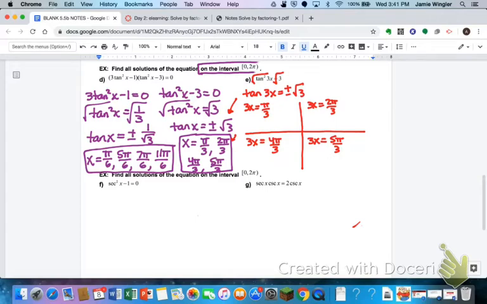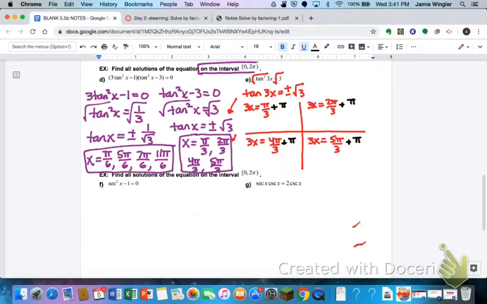Because I need to get multiple answers, I need to add pi to each one of these equations. The reason why I'm adding pi is because pi is the period for tangent. So if this was a sine or cosine problem, I would be adding 2 pi. But since it's a tangent problem, I only add pi.